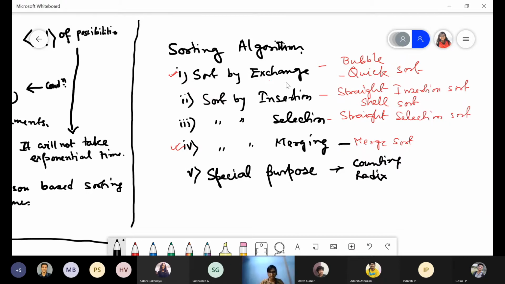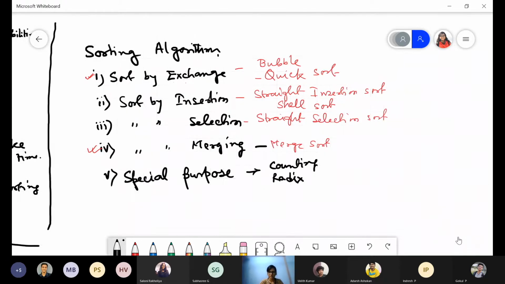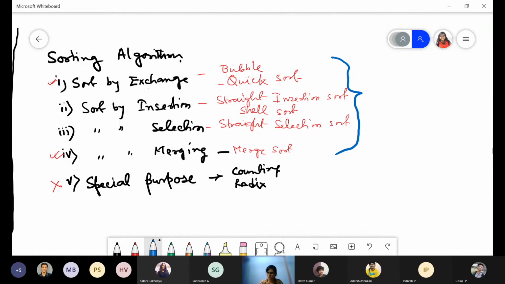Now, we know that the special purpose techniques are not comparison based, so we can straightforwardly not consider these. If we consider only this part, which of the algorithms have the best worst case complexity that matches our lower bound theory? Merge sort.